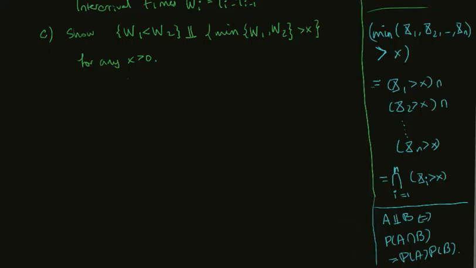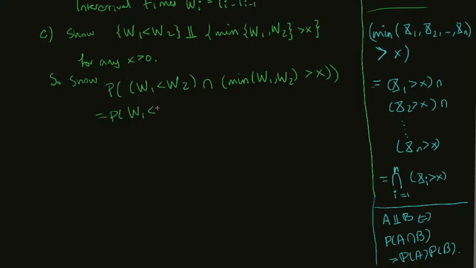So what we want to do now is show that the probability of the intersection of the two events here factorizes into the probability that W1 is smaller than W2 and the probability that the smallest of the two is greater than x.